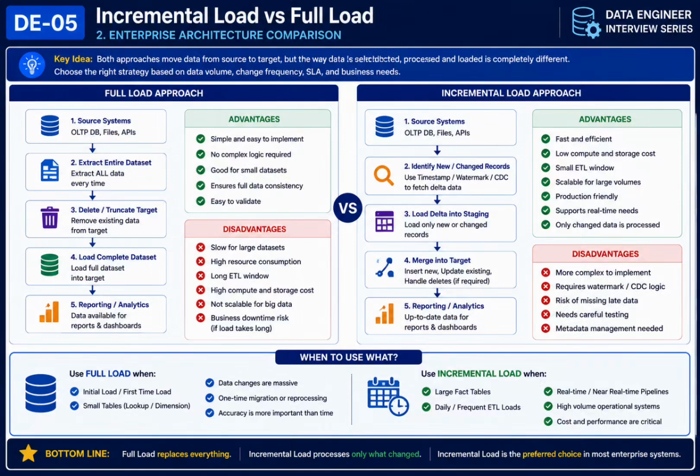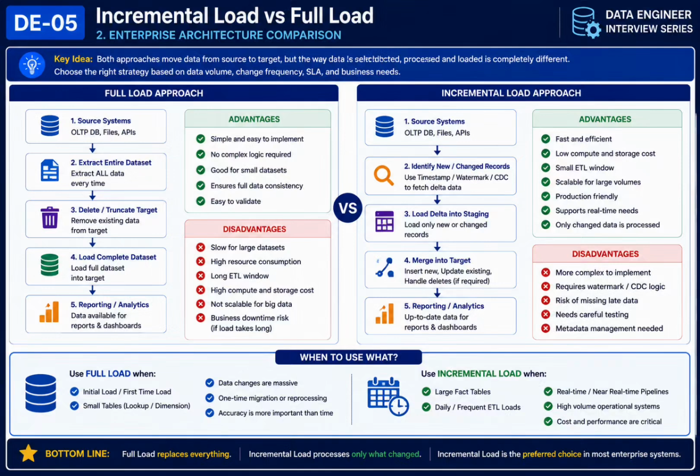Only the delta records are extracted, validated, and merged into the target tables. This approach is much faster, uses fewer resources, and is the standard approach in most enterprise production environments.